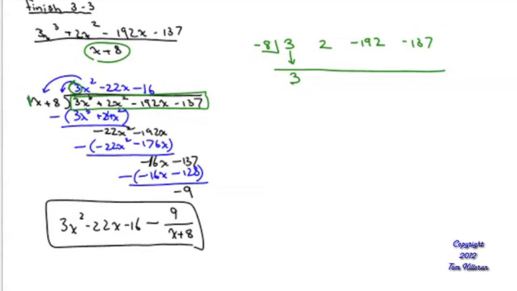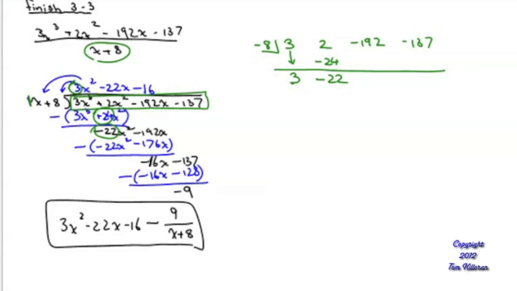Next step is multiply. Negative 8 times positive 3, oh, sorry, negative 24. And if you look at it, the negative 24 is right here. Remember, you have to change the signs in the long division part. Subtract those, you get negative 22, which is right here.